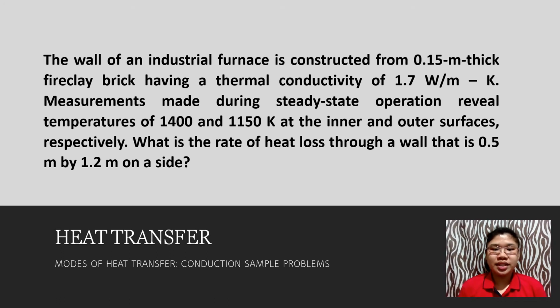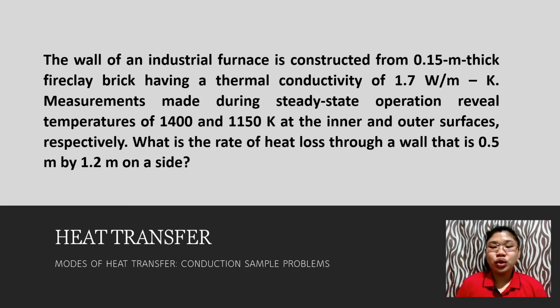Measurements made during steady-state operation reveal temperatures of 1400 and 1150 Kelvin at the inner and outer surfaces, respectively. What is the rate of heat loss through a wall that is 0.5 meters by 1.2 meters on a side?